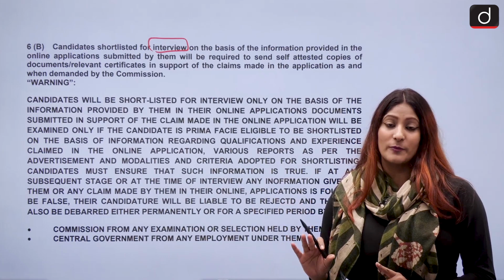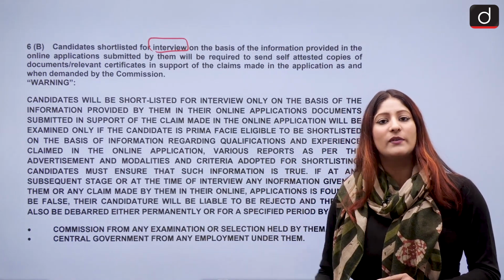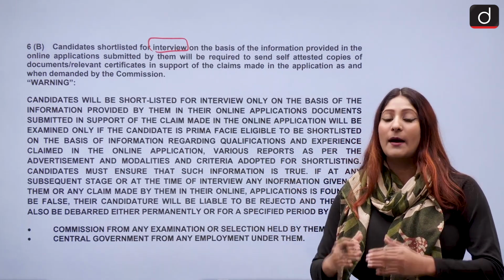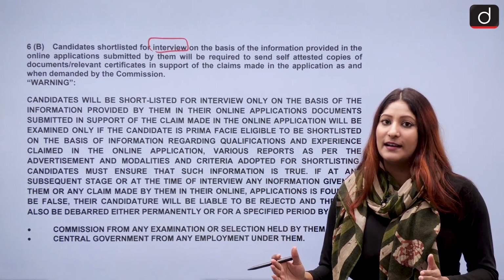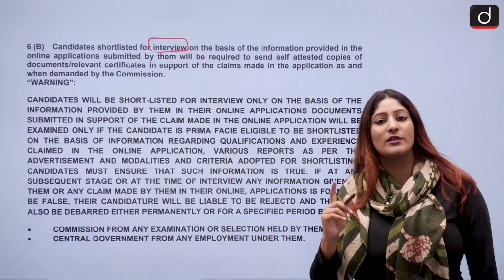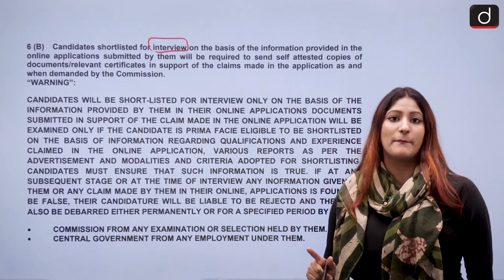Not any sort of recruitment test. It is not written in the notification. But a recruitment test will be conducted on a computer-based level only if the number of desirable candidates is large. Alright. And the last examination was done on 25th November 2011 for the same post.